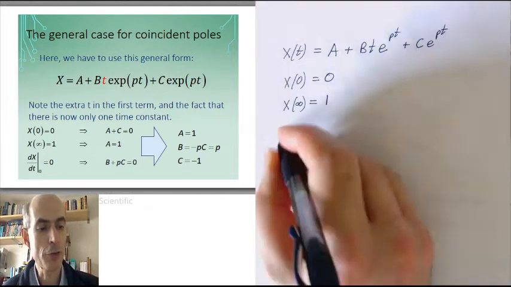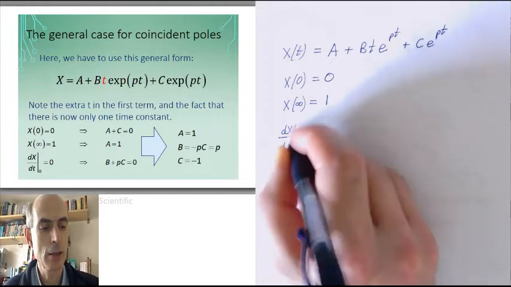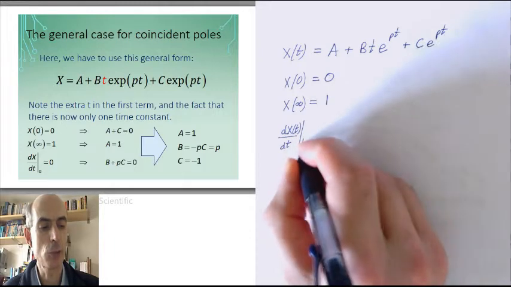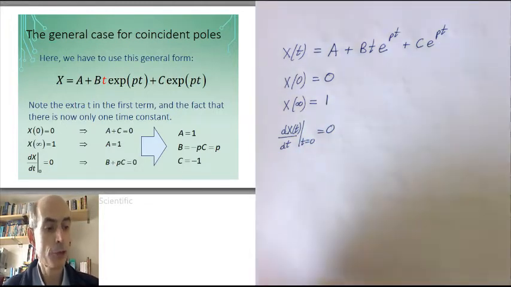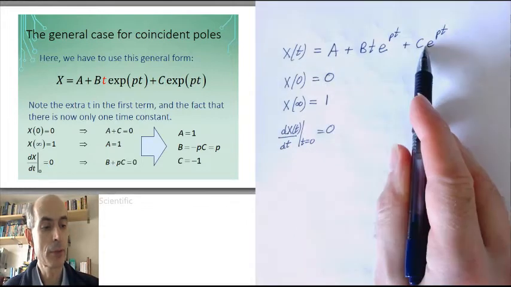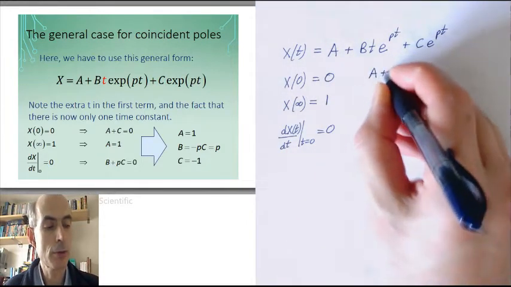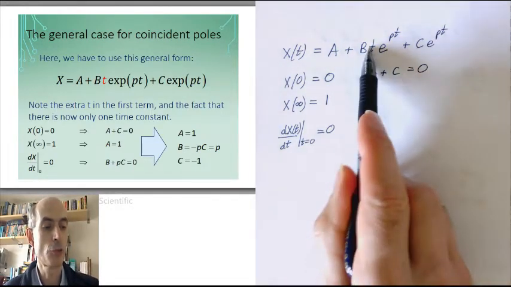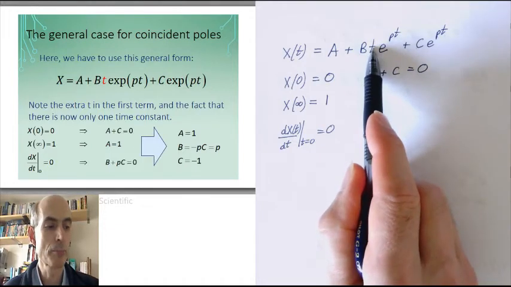And we also have this result that the rate of change of the output with respect to time at t equals 0 is also 0. Substituting these into here gives us for this one that a plus c must be equal to 0, because this term would just give us 0 if we substituted in t equals 0.